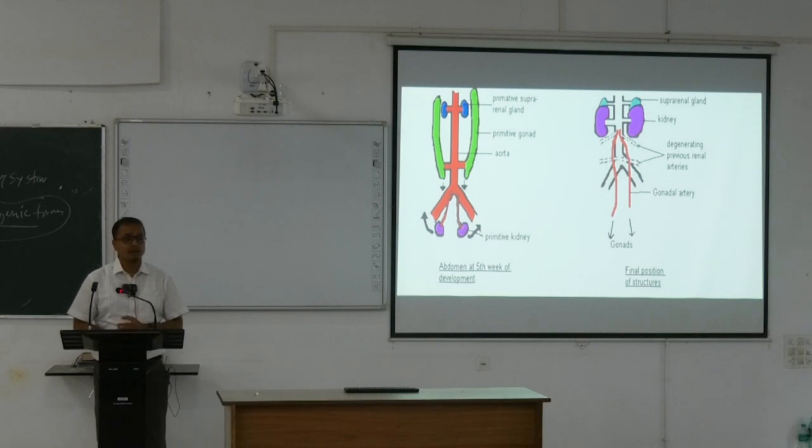Next thing, as the kidney ascends from the sacral position, it makes a rotation reaching the final point. Initially, the hilum of the kidney, through which the blood vessels go, is directed forwards. As the kidney moves up and reaches the under-diaphragm region, it makes a 90-degree medial rotation.